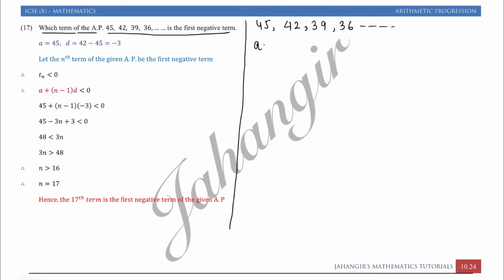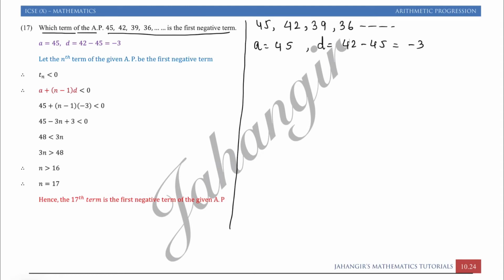So here we can say A is equal to 45, D is equal to 42 minus 45, that is equal to minus 3. Here since sequence is decreasing, so as it goes on, it will cross 0 also. So you have to tell which term will be the first negative term.